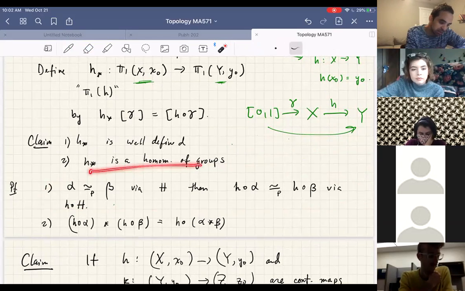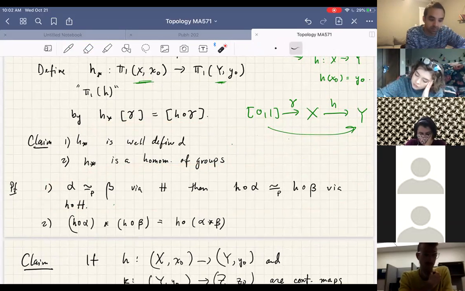And then the second claim is that this is a homomorphism of groups.